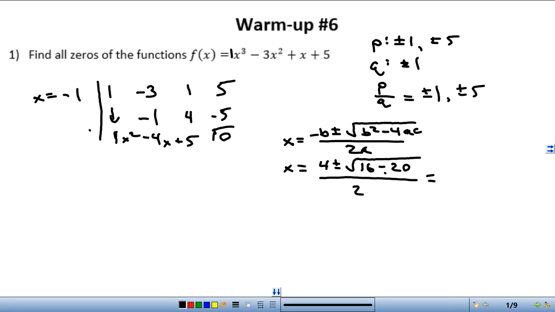So I have 4 plus or minus, square root of 20 is -4, and square root of -4 is going to be 2i, and that's all over 2. Divide everything by 2. I have 2 plus or minus i. So I have the roots of -1, 2 plus i, 2 minus i.